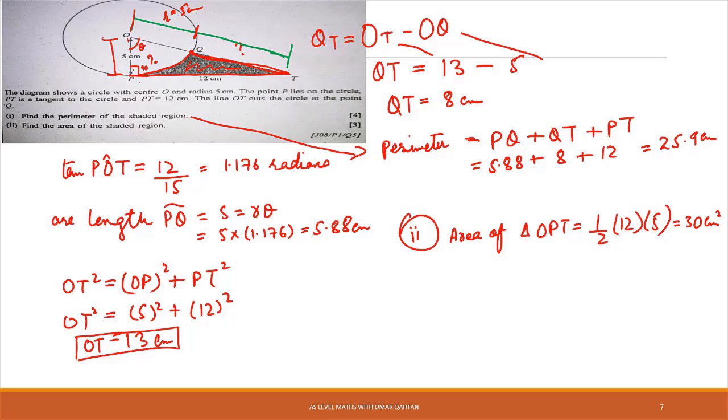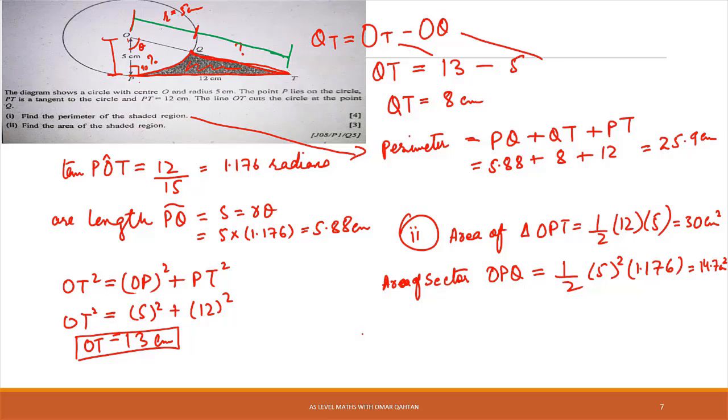Now we have to find the area of the sector OPQ. So area of sector OPQ is 1 upon 2 times 5 square, which is the radius squared, times this angle 1.176, and it will give us 14.7 centimeters square.